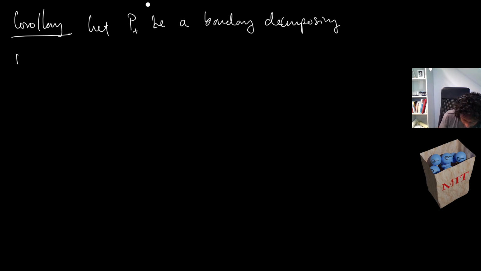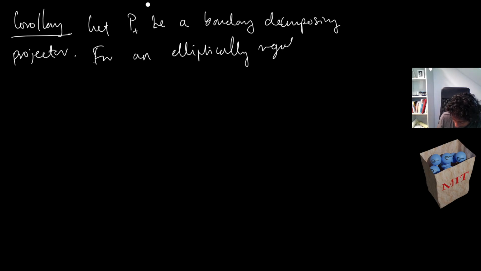The corollary is, so let P plus be a boundary decomposing projector for an elliptically regular boundary condition B. Write B equals, so we know that we can do this, right?